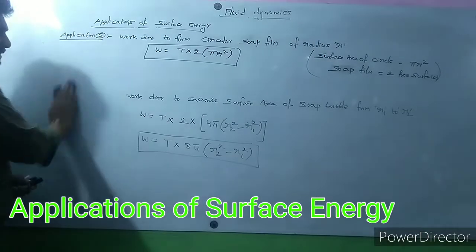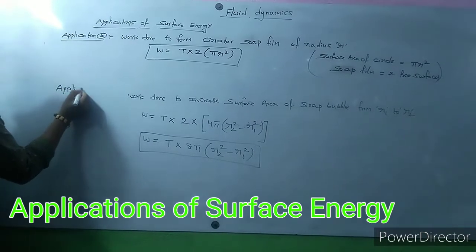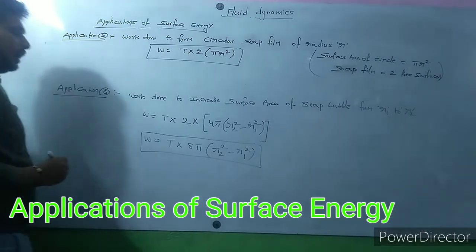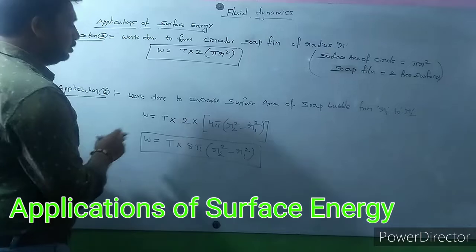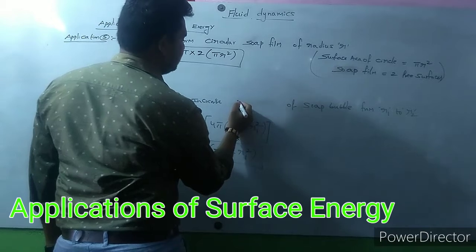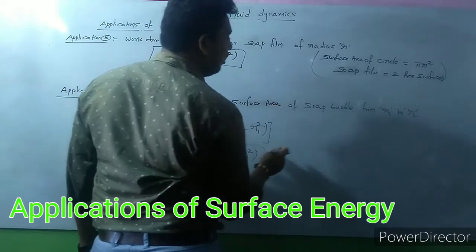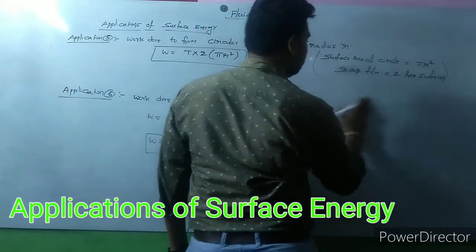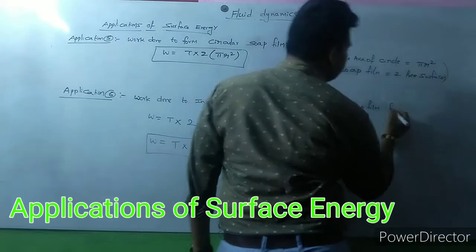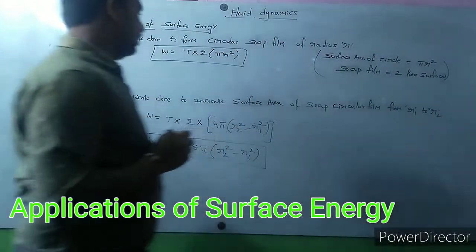Next, application number 6. Work done to increase the surface area of a soap circular film from R1 to R2.